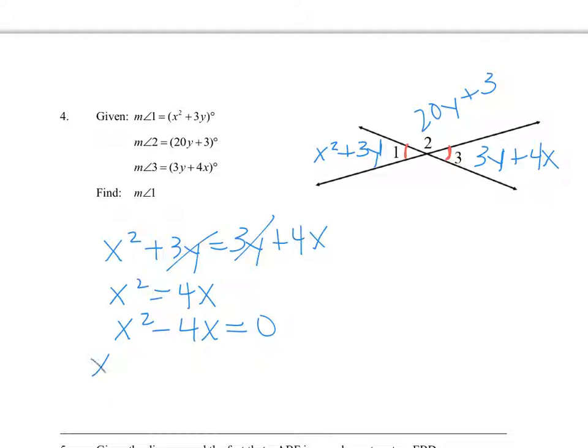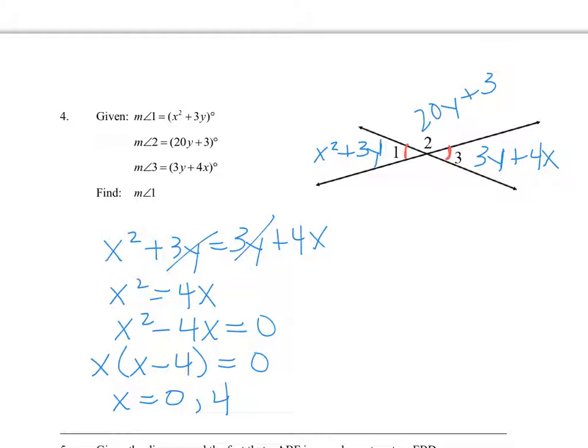Factor, in this case it's just a greatest common factor, and solve. So x is either 0 or 4. Okay, so we have possible values for x, and on first look it doesn't look like the 0 is going to present an issue necessarily.